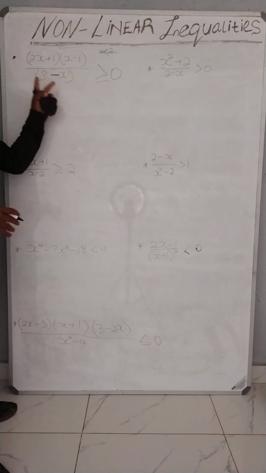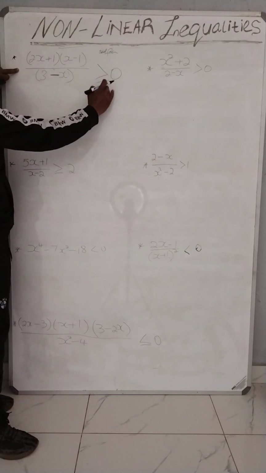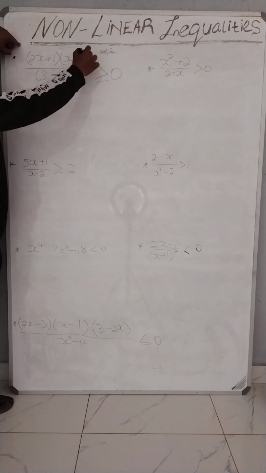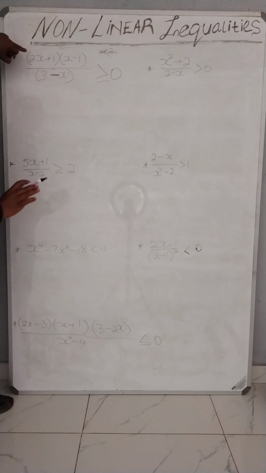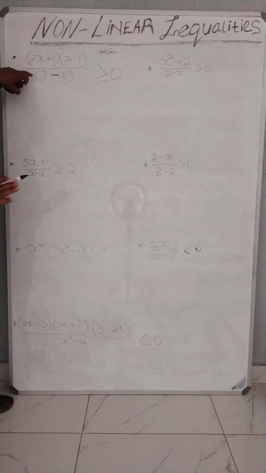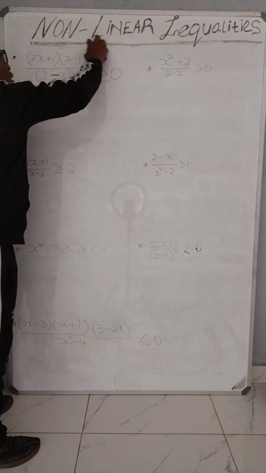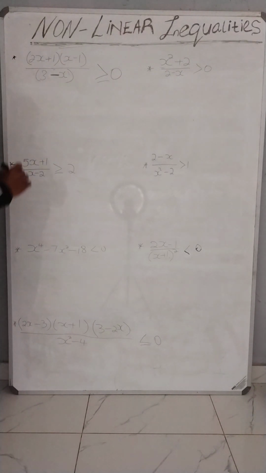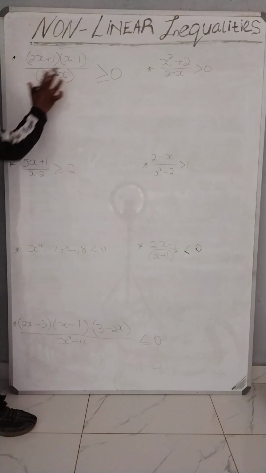When you factorize fractions in inequalities, you factorize the numerator separate from the denominator. In this case our expression is already factorized, and we have 3 factors. We have this factor, this factor, and this factor.